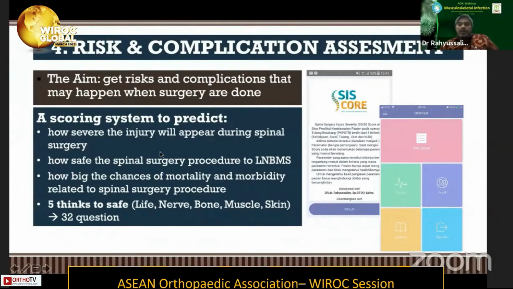We have developed the C-score, which means spine surgery injury severity score.